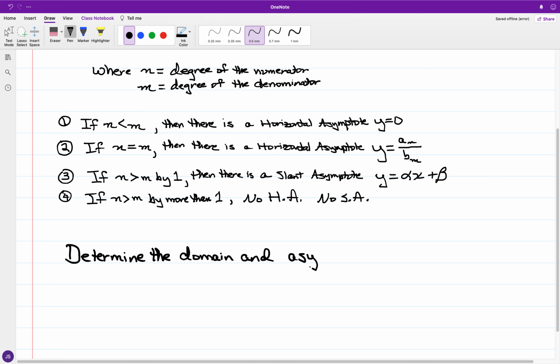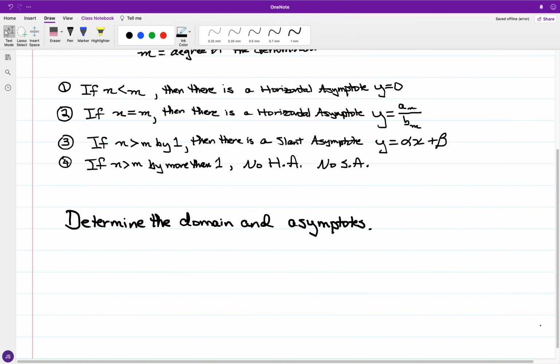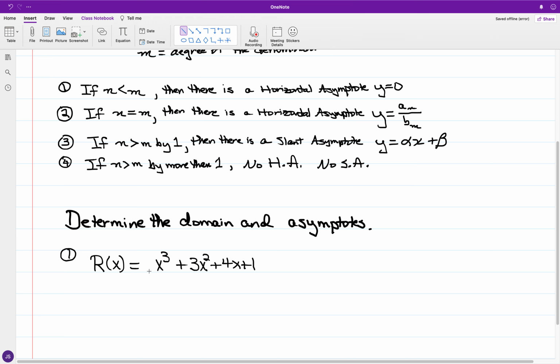So we have, in the case of our function r of x, equal to x cubed plus 3x squared plus 4x plus 1, all over x squared plus 1.